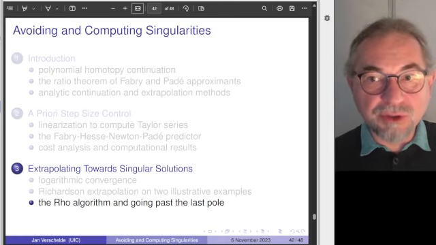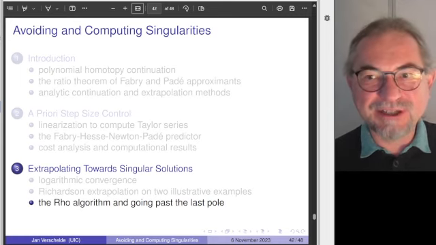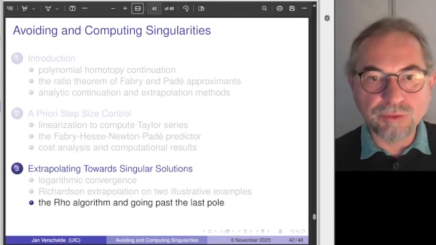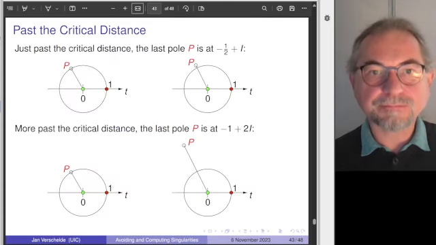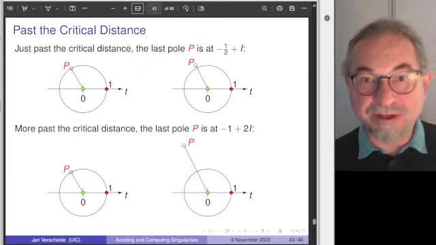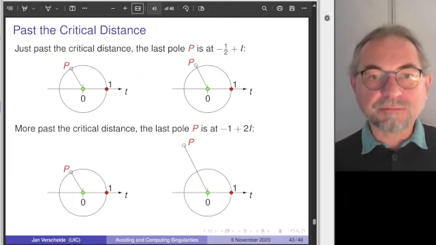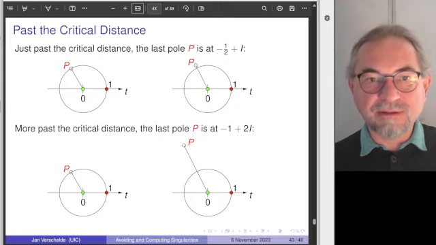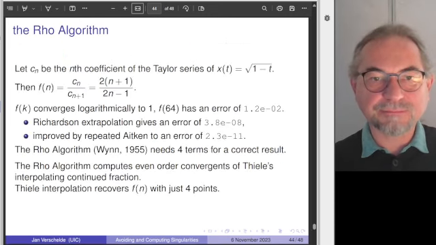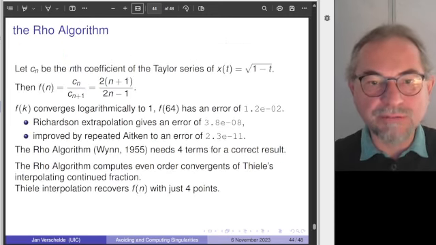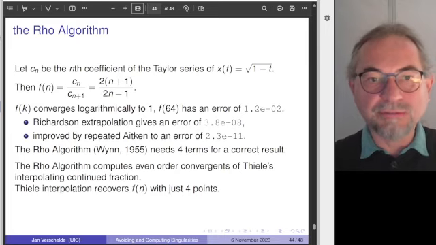Now, going past the 2022 paper, going past the critical distance, we can see what happens if we apply better extrapolation methods. So the row algorithm on this very simple example is just fantastic.